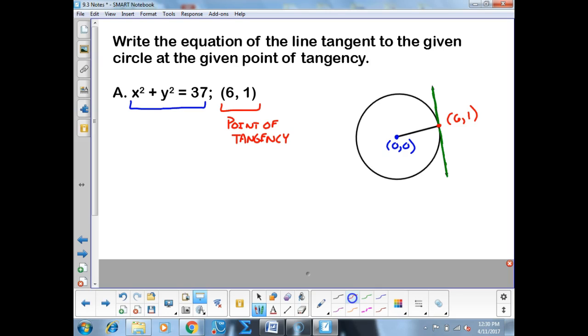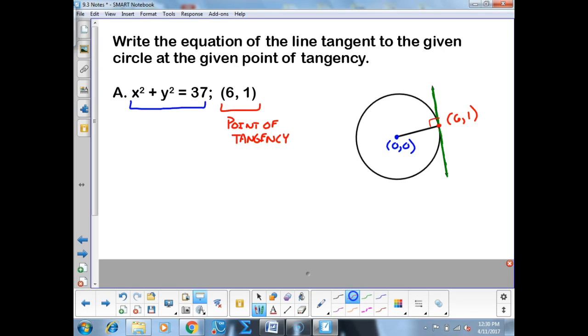The length of the radius means nothing. But what can you tell me about the green line and the radius going to the point of tangency? They're perpendicular. So these are perpendicular.